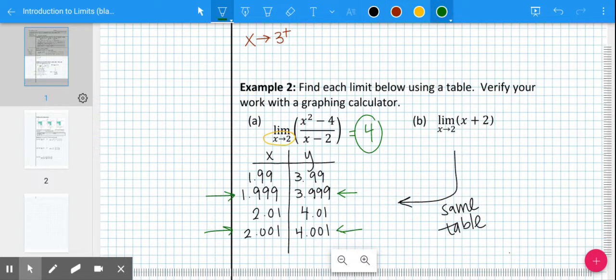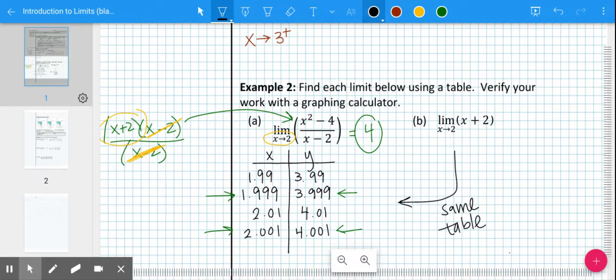Well, if you look at your expression in part A, if you took that expression, x squared minus 4, and you factored it to x plus 2 and x minus 2, you would see that you have a common factor, top and bottom. So you are able to actually simplify this to just x plus 2.